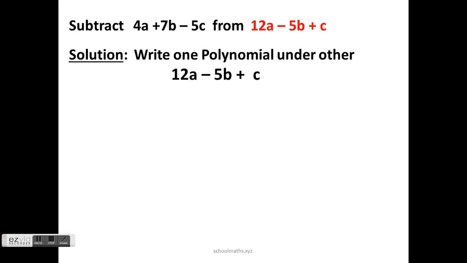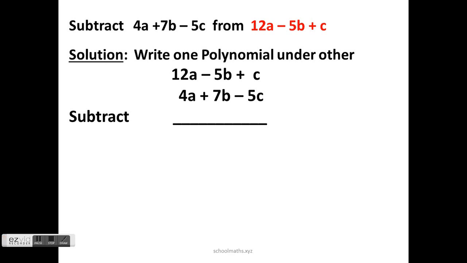Okay. 4a plus 7b minus 5c will come under this polynomial. Clearly, from which polynomial we have to subtract which polynomial. From 12a minus 5b plus c, we have to subtract this. So, we are writing 4a plus 7b minus 5c according to the order. a under a, b under b, c under c.